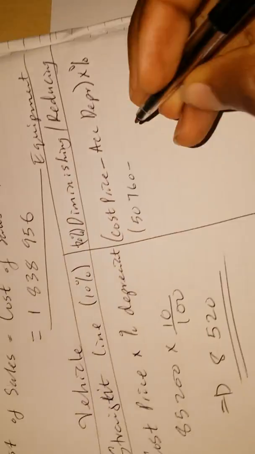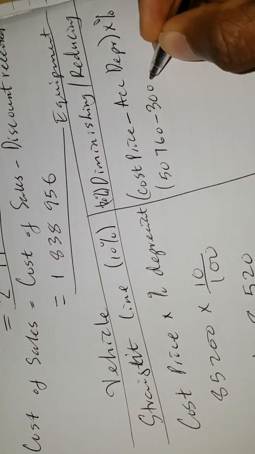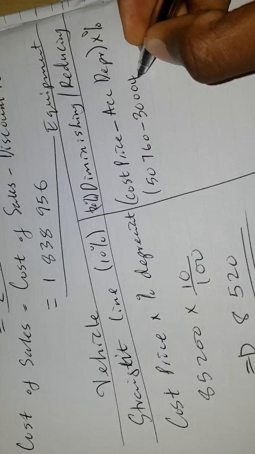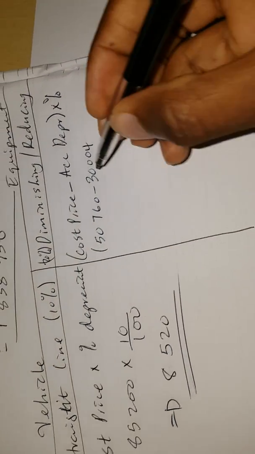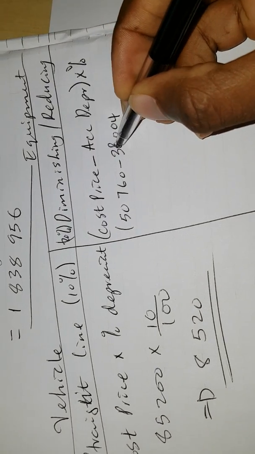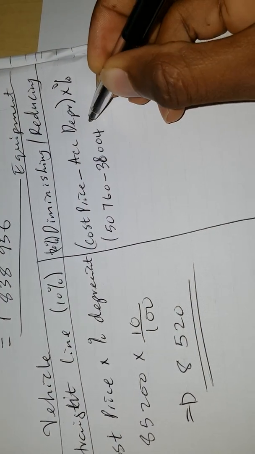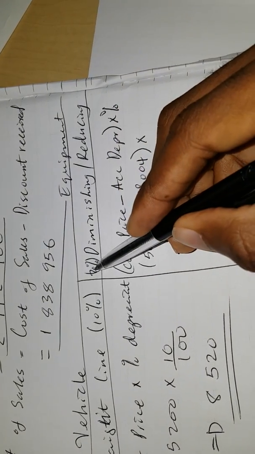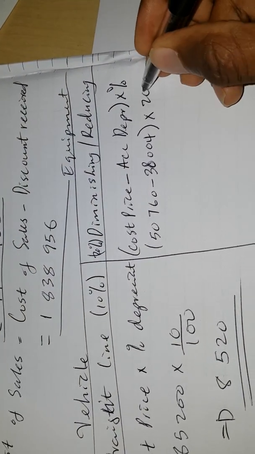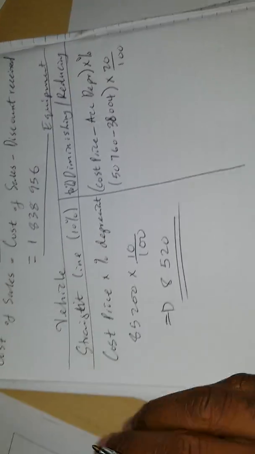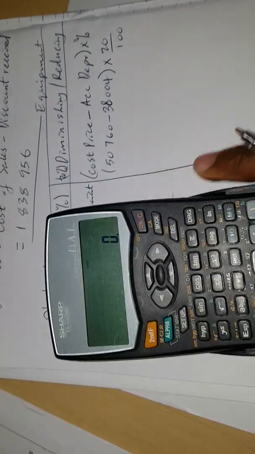The accumulated depreciation for equipment is here, 38,004, close bracket, times the percentage. They said it is 20%, so it's going to be 20 over 100. So I'm going to do it that way.